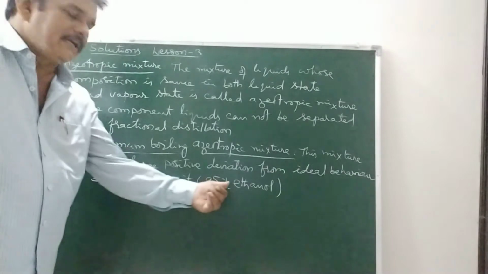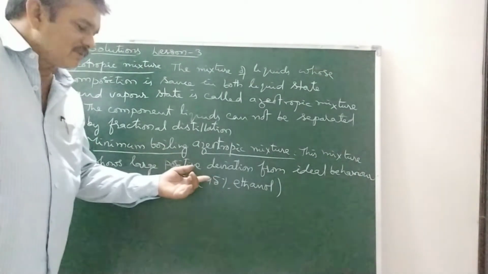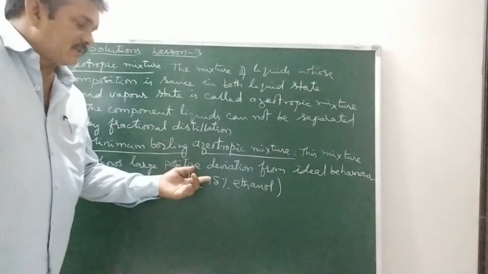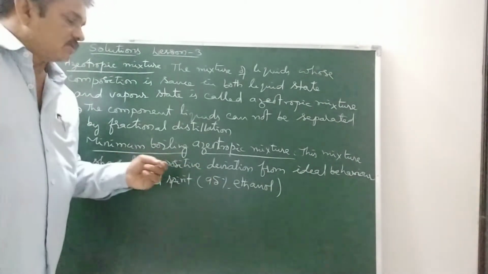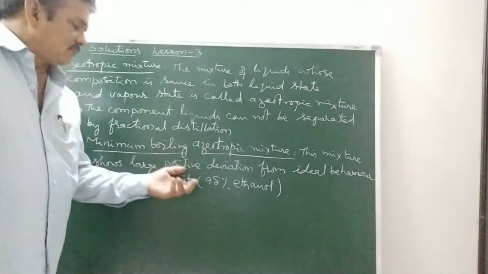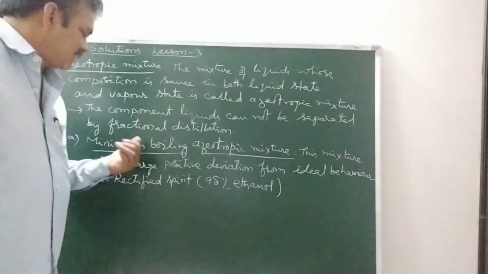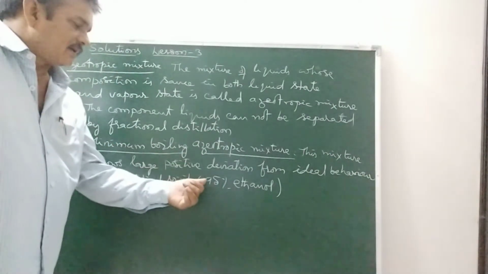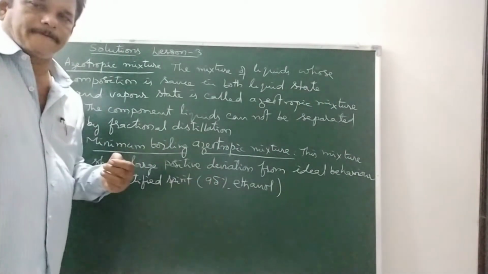What about the remaining 5%? That remaining 5% is water. So if we take 100 grams of that mixture, 95 grams of ethyl alcohol and 5 grams of water are present.